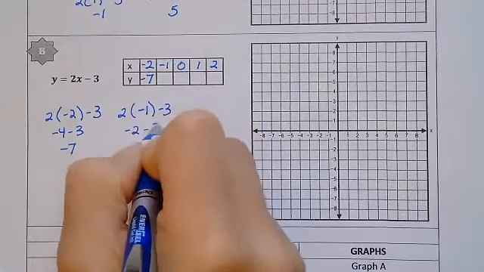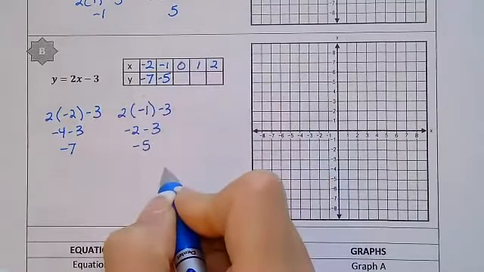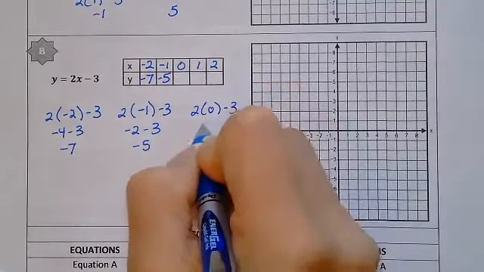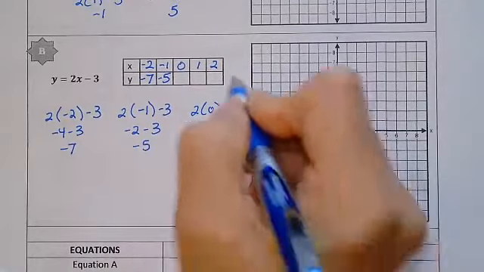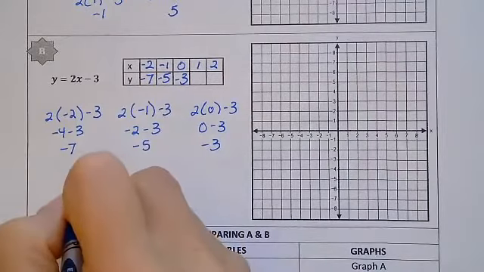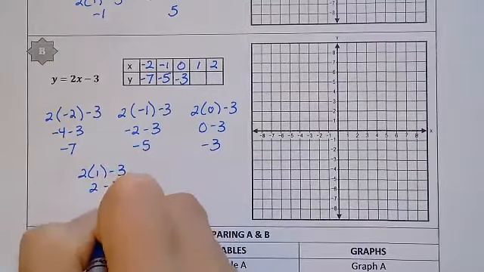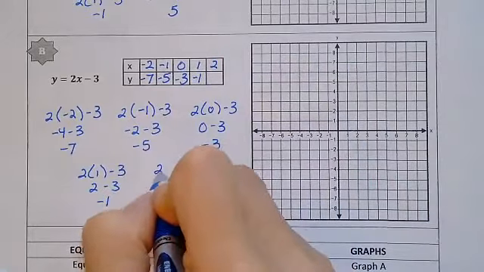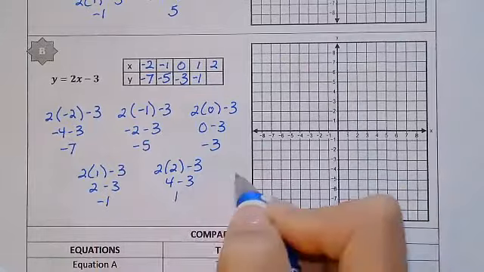Gives me -2. -2 minus 3 is -5. Substitute 0. 2 times 0 is 0. And 0 minus 3 is -3. Substitute 1. 2 minus 3 is -1. And substitute 2. 4 minus 3 is 1.